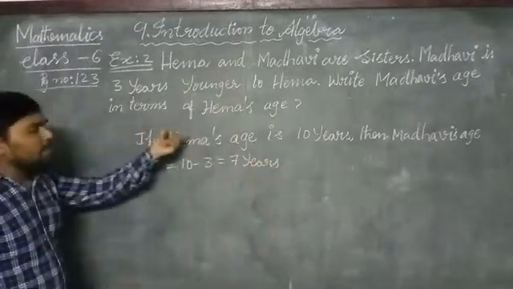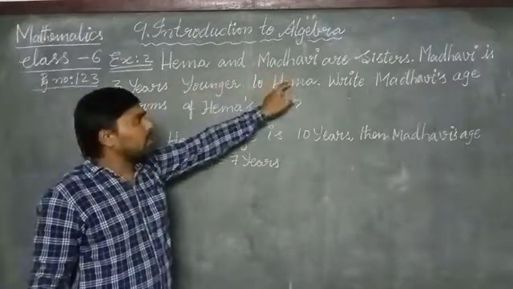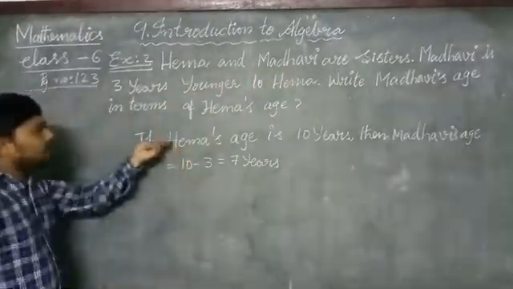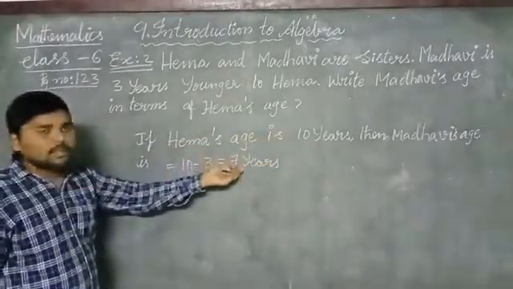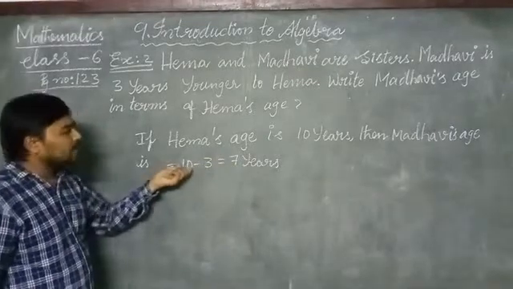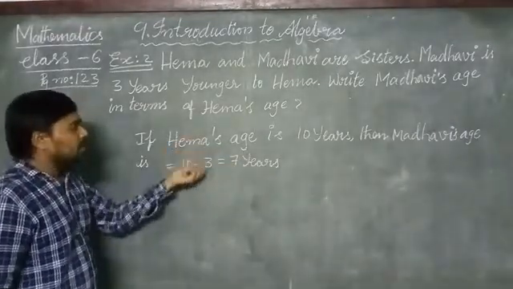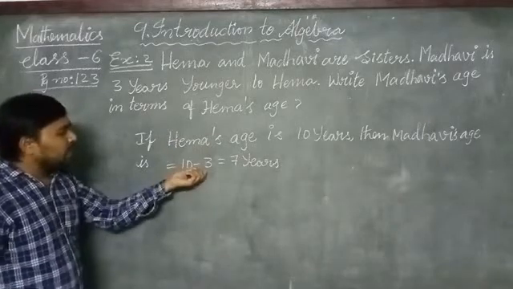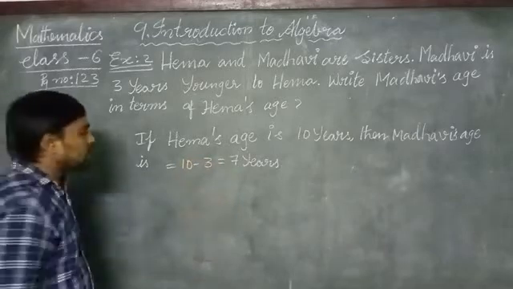Here, they have not given the exact years of Hema. That is why, if Hema's age is 10 years, then Madhavi's age is 7 years. Why? Because 10 minus 3 is 7 years. Madhavi is 3 years younger than Hema. That is why we have to subtract 3 years from 10 years, then we can get 7 years. Then Madhavi's age is 7 years.